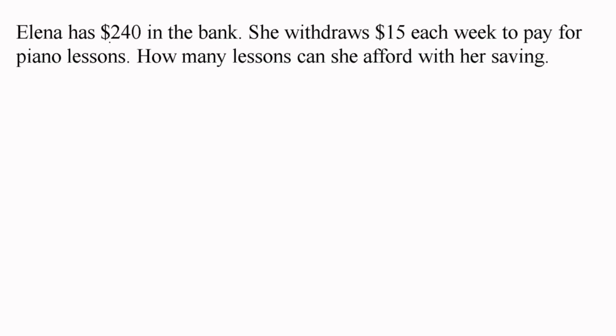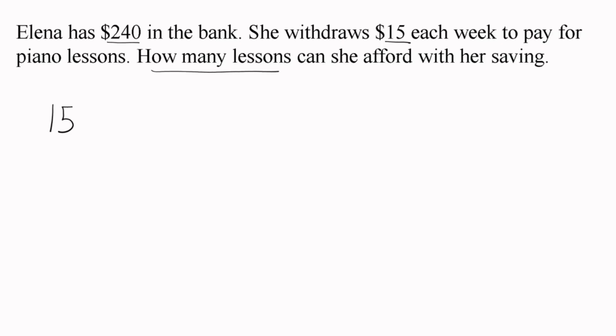Okay, this person has $240 in the bank. Each week she's going to pay $15 for the piano lessons. How many weeks? Look, how many lessons, how many weeks can she take? So she's going to pay $15 for each lesson.